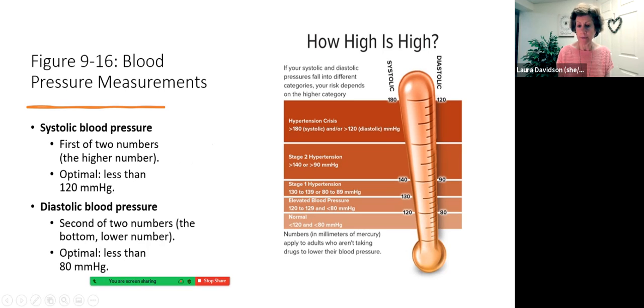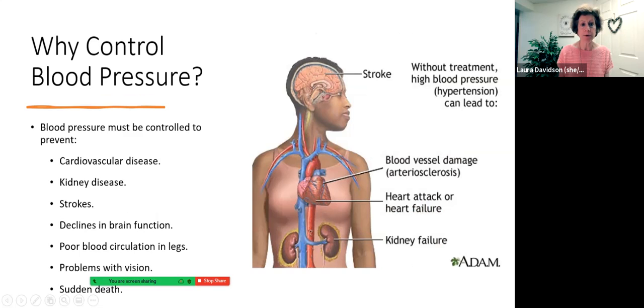And we're going to talk about that. And then when it moves up to stage 1 and stage 2, typically medication is added. It really is good practice, though, to try lifestyle for a couple of months to see if it has an impact and eliminates the need for medication, especially at these lower levels.